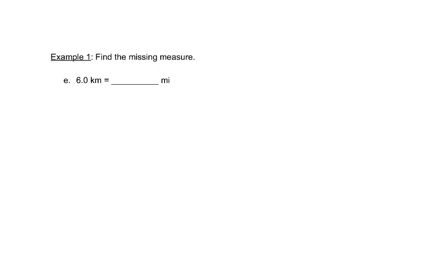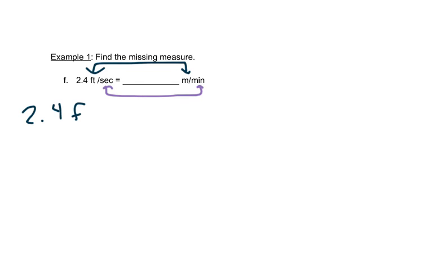We'll skip example E and we'll go on to F. So in F again we have different units. We have feet going to meters and we have seconds going to minutes. So we'll start by setting up our first fraction. We have 2.4 feet over 1 second.